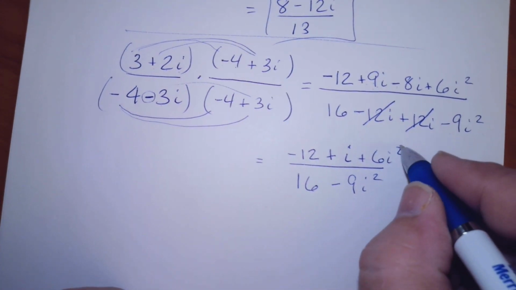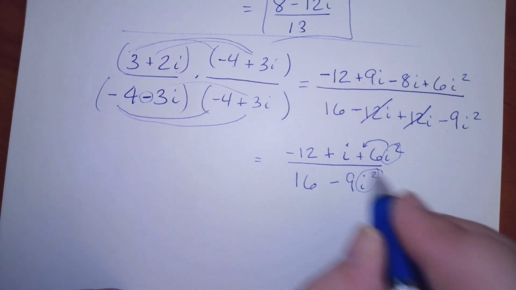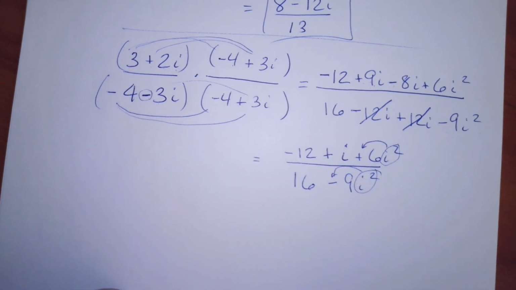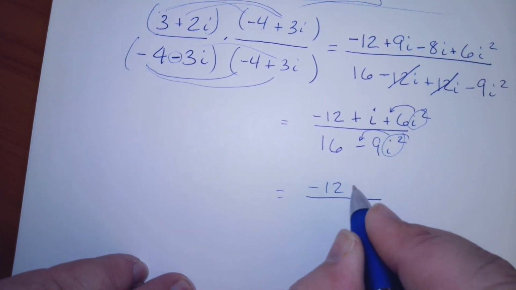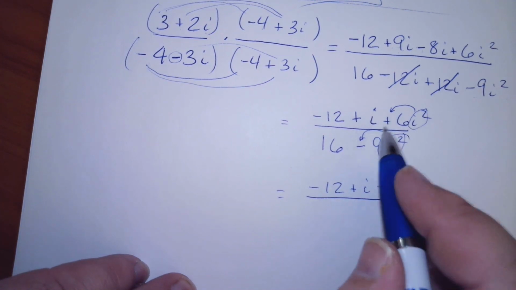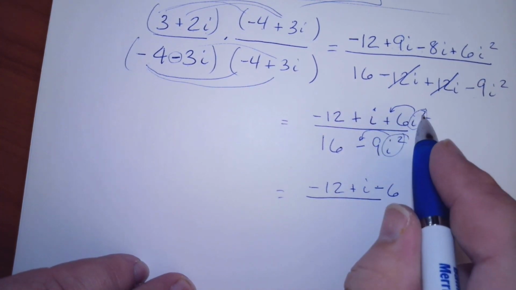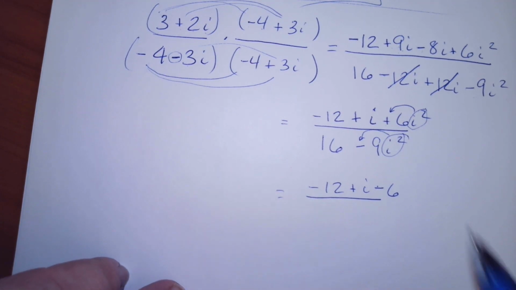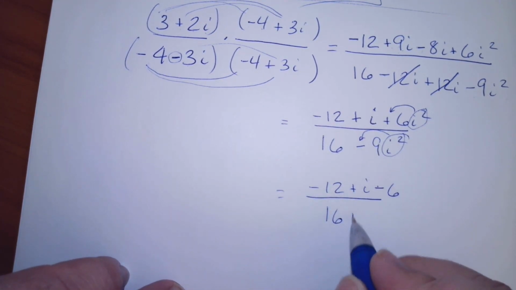Remember, the i squared, all it does is change the sign of the coefficient. So it's negative 12 plus i. It used to be a plus 6, now it's a minus 6, because that i squared changed it. 16, the i squared changes that, so it's plus 9.